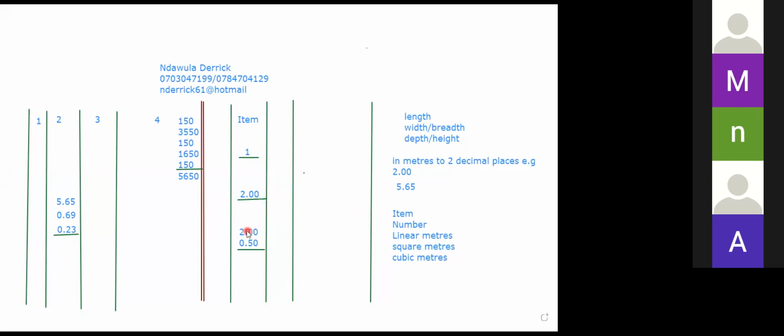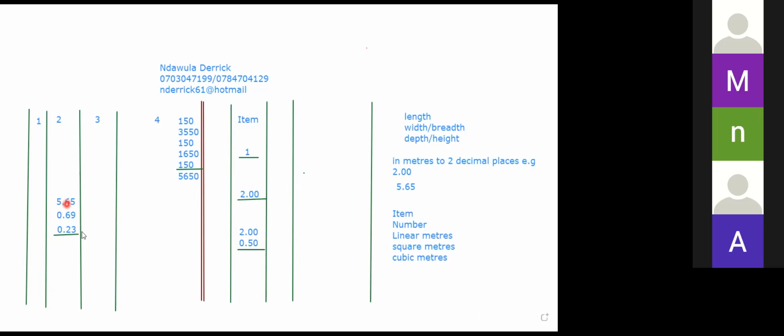When it's 2 levels, it's length and width, or length and depth, then it is square meters because it is length times width.